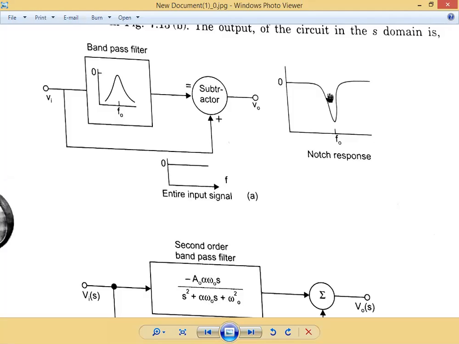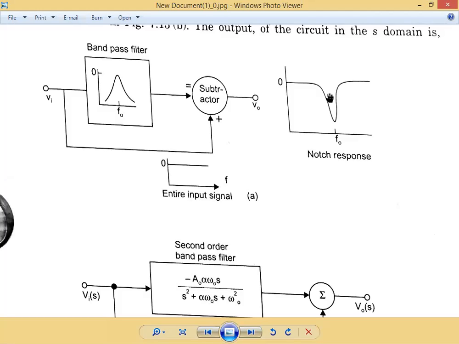In the last classes, we have discussed different types of filters. In that, we have discussed the low pass filter as well as the high pass filter, and using these two filters, how to obtain a band pass filter.